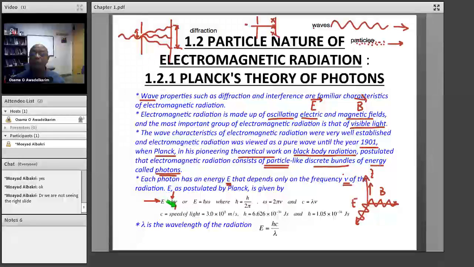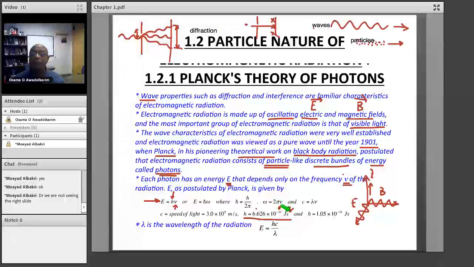This constant h is a very important constant. This constant h is 6.626 times 10 to the minus 34. Very, very small indeed. Joule second.